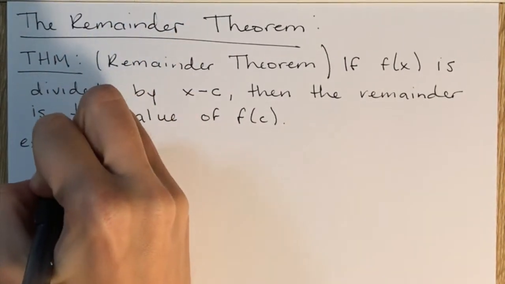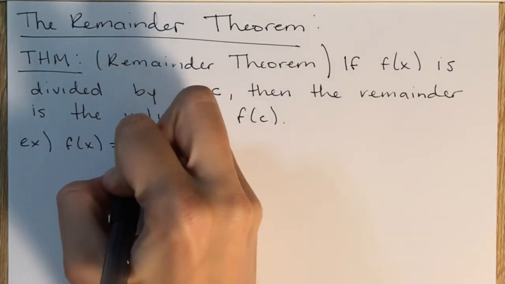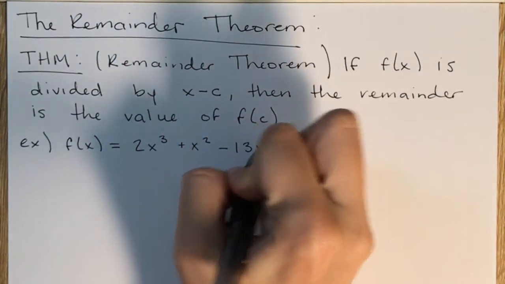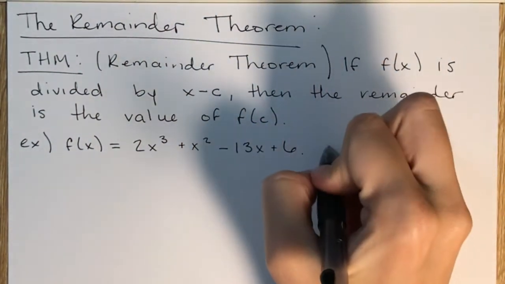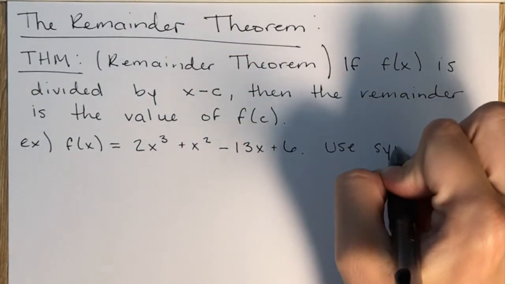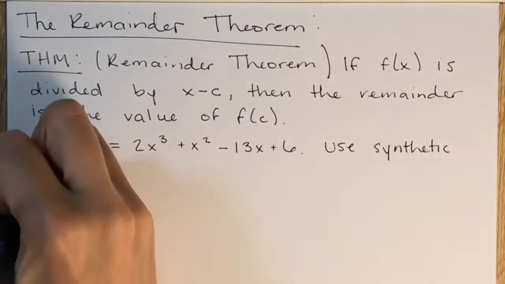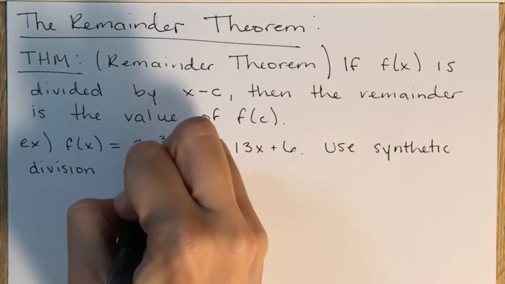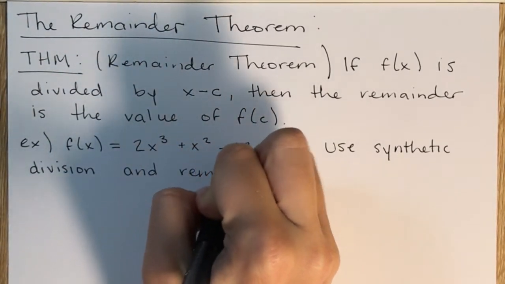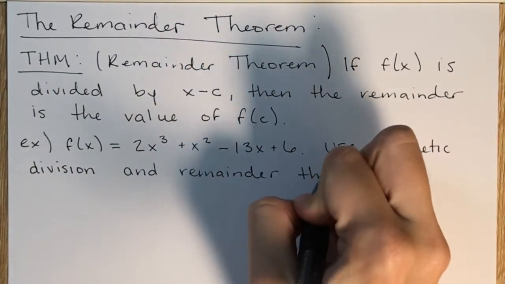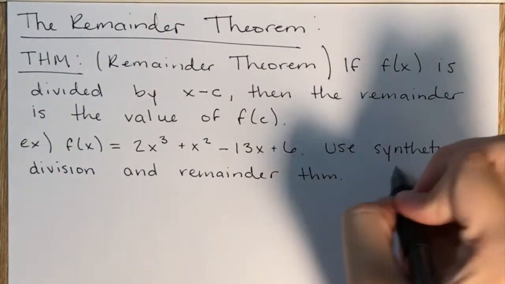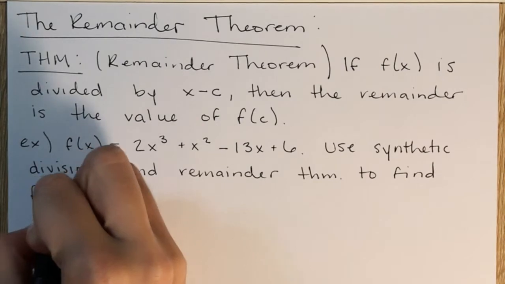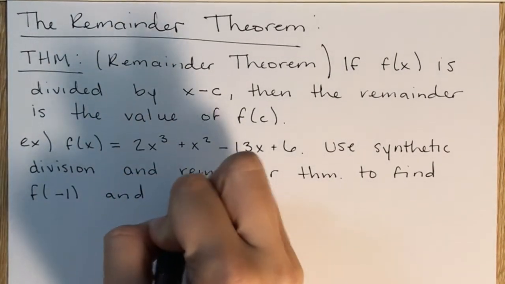Example, let's say we have f of x equals some polynomial, 2x cubed plus x squared minus 13x plus 6. Use synthetic division and remainder theorem to find f of negative 1 and f of 2.